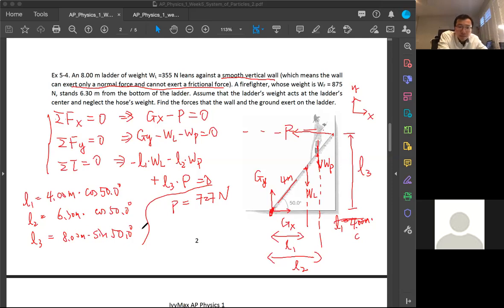And I believe Gx has the same value as P, and Gy I got is 1230 newtons. So you can just check that yourself. I hope it's correct. All right.